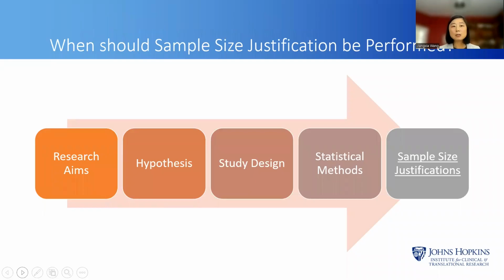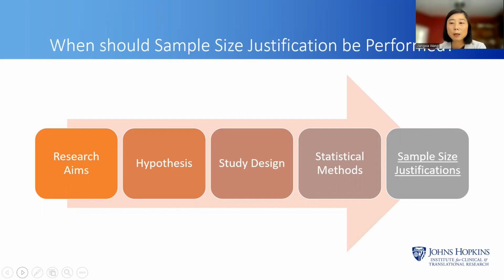Okay, so now let's talk about when should sample size justification be performed. In this diagram, you will see some terminologies that you have seen and written about quite often in a grant proposal.